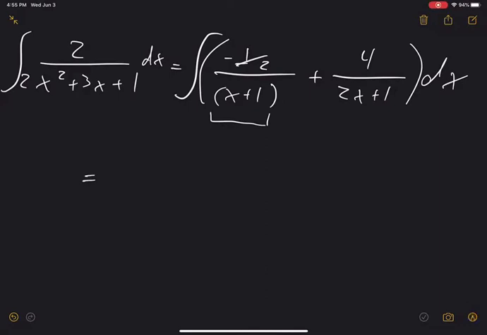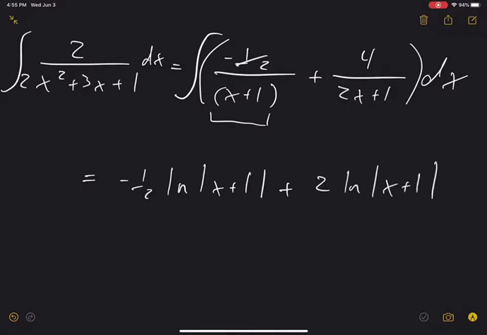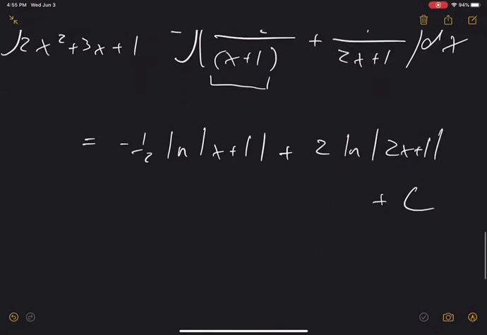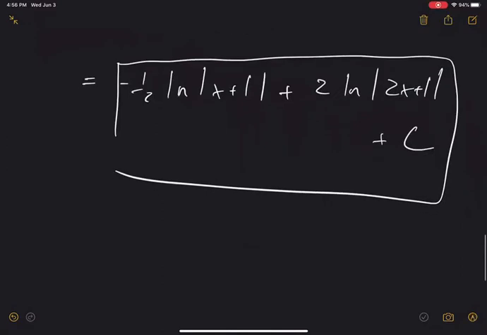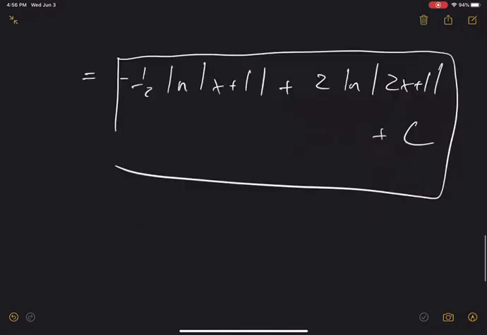Let's see, it would be -1/2 ln x plus 1, and then plus what? 2 ln 2x plus 1 here plus c. So that should be our antiderivative. Again, this problem asks for a definite integral, so you would just plug in the bounds at that point, but I'll skip that step.